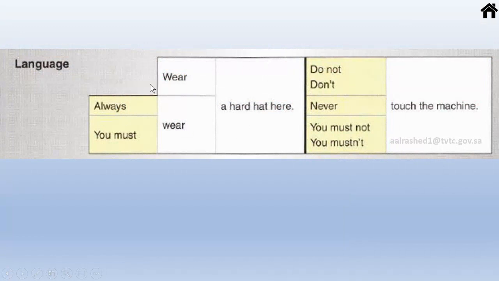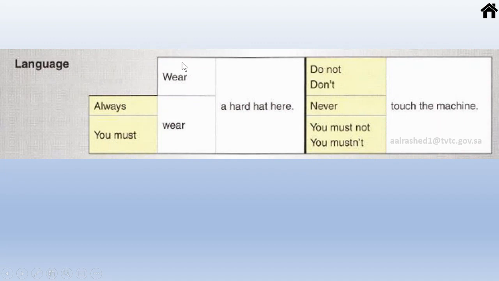Okay, if you want to talk about things you must do and things you don't need to do, a do list and a don't list. If you want to order someone or tell someone to do something positively, you would use at the beginning always, or you must, or do.